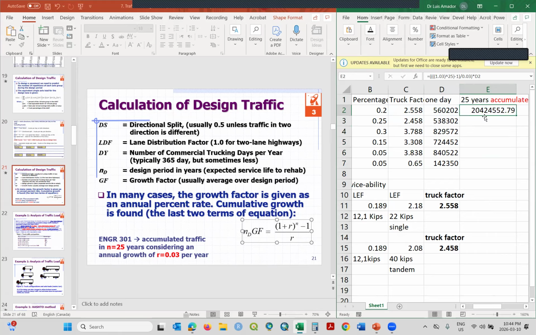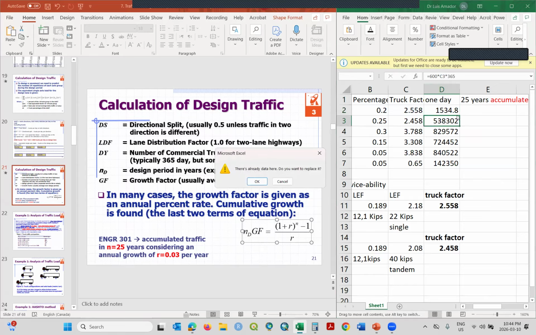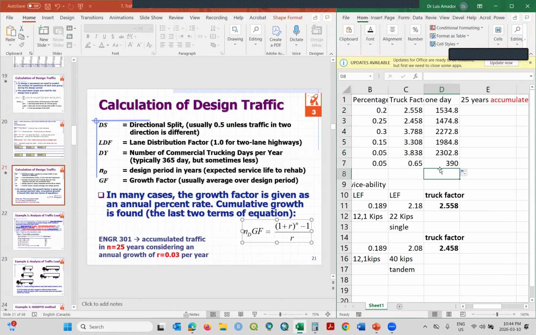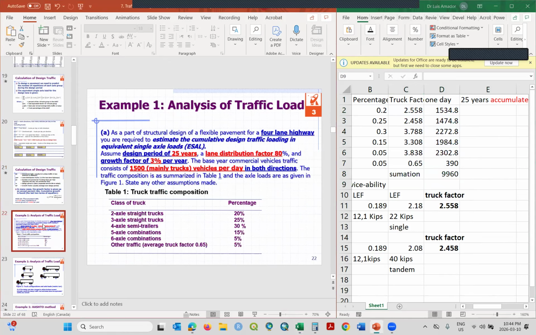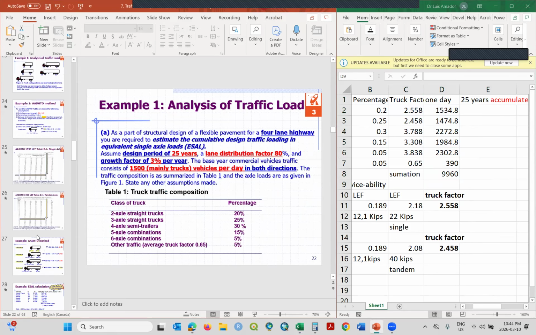Okay, but there's another way we can do this. So I can maybe simplify this a bit. So this is in 1 day. And let me make here a summation. So that is the summation of the amount of damage that I have.